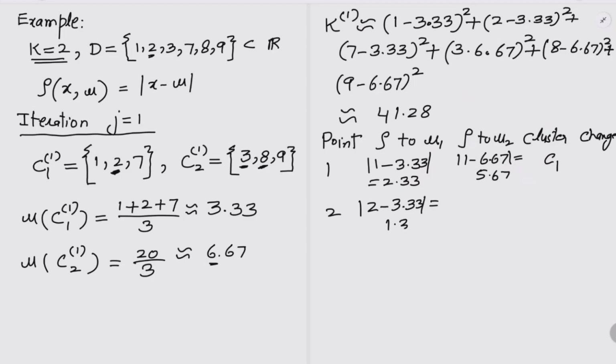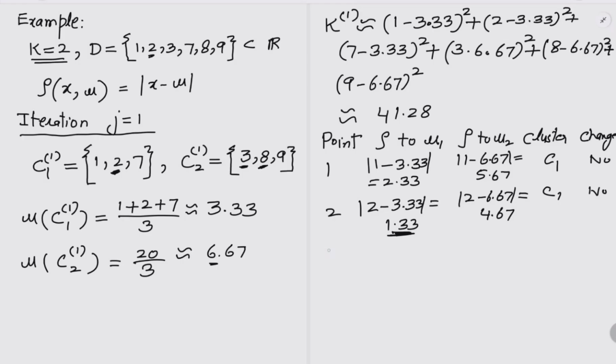It is 1.33, and 2 minus 6.67 is 4.67. So this is the distance. This distance is still less, so it means that 2 remains in this cluster, cluster number 1. If there is any change, we say no, there is no change.